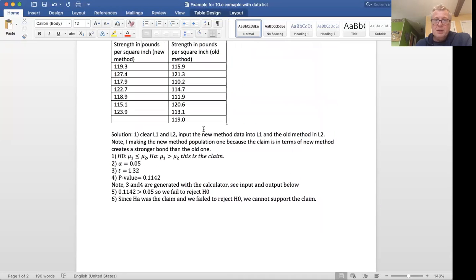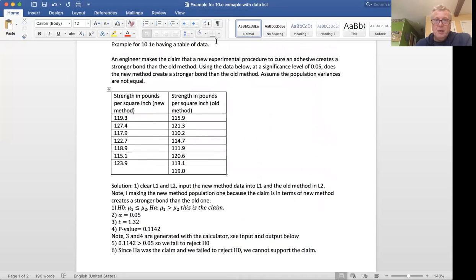The claim says that the engineer makes the claim that the new experimental procedure to cure an adhesive creates a stronger bond than the old method. Since the new method is mentioned first, I'm going to make that population 1. The old method is mentioned second, so I'm going to make that population 2. That's typically the rule of thumb we use.